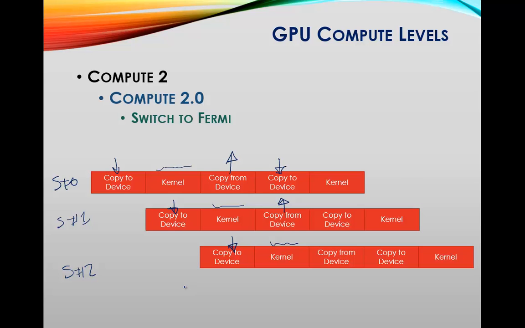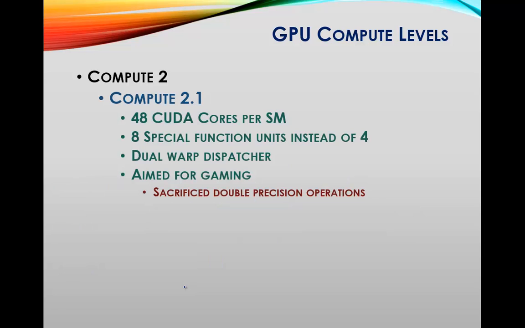On your dual buffering. And finally, we'll talk about Compute 2.0, or rather Compute 2.1, and see the changes in this level. It's seen on certain devices aimed specifically at the gaming market, such as the low-end GTX 460s and GTX 500 series.